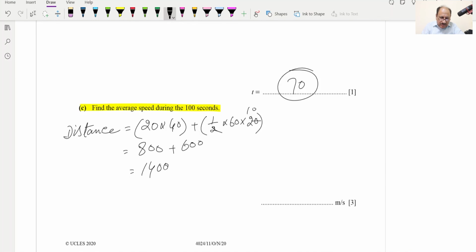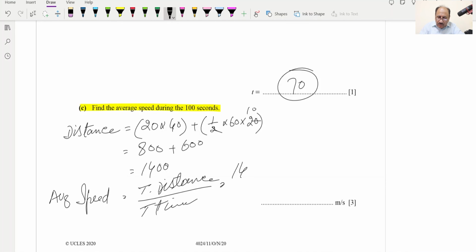So the distance is this, and the average speed will be equal to the total distance divided by the total time taken. So this will be 1400 divided by 100, and this will be cancelled and we'll get 14, so 14 meters per second.